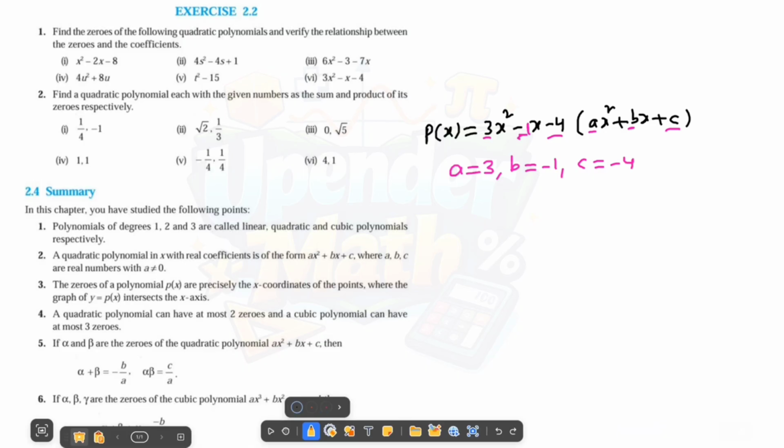Now to find its zeros, we have to make it equal to 0. So P(x) = 3x² - x - 4. Take P(x) value 0. So 0 = 3x² - x - 4.